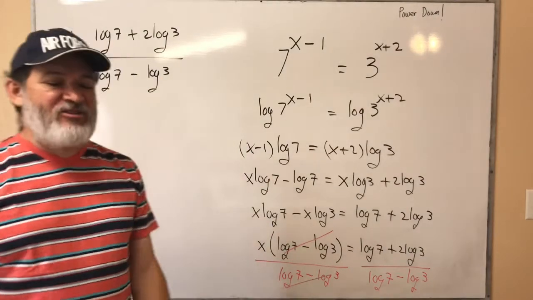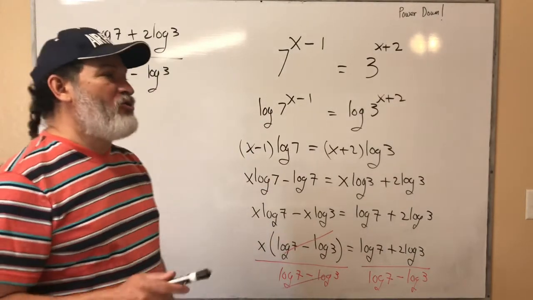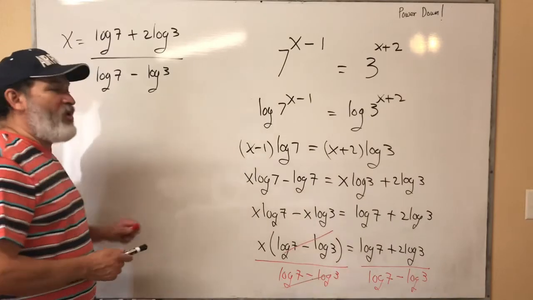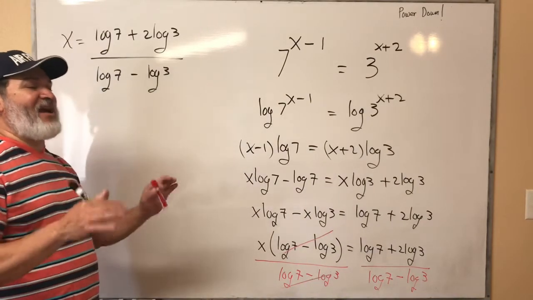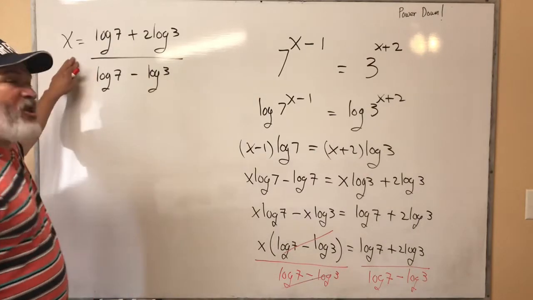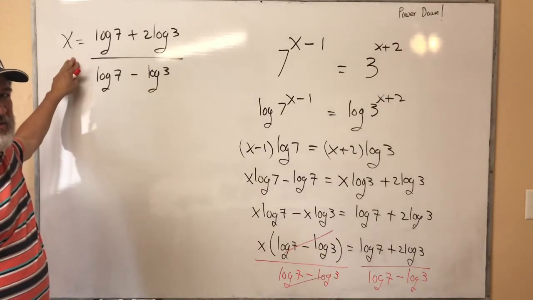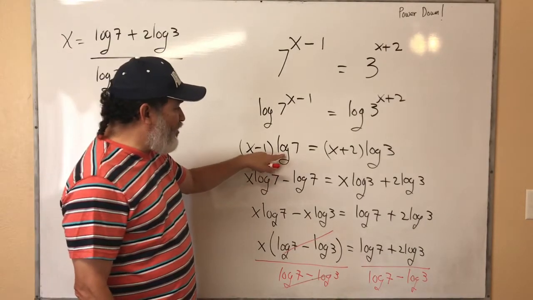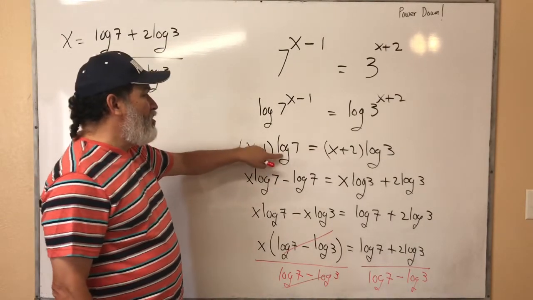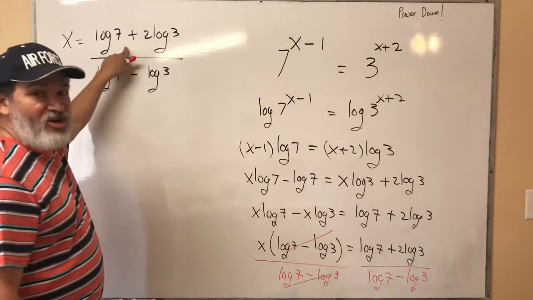Sometimes professors want you to solve without giving the approximation. We want the exact answer. This is all we want. If you make this a decimal at an earlier step, you're not going to get this answer.